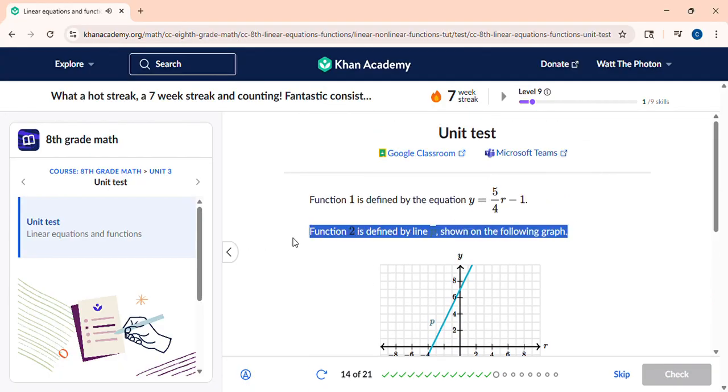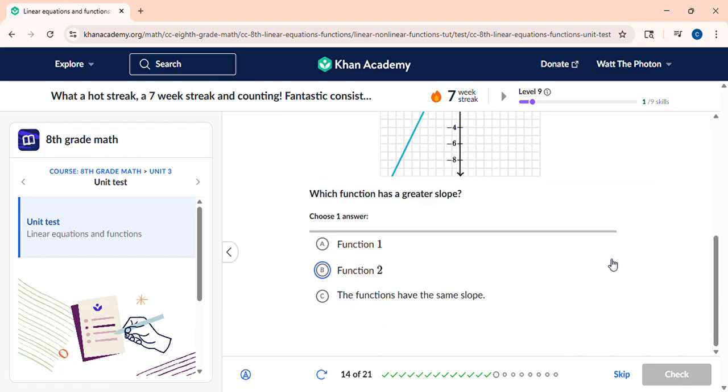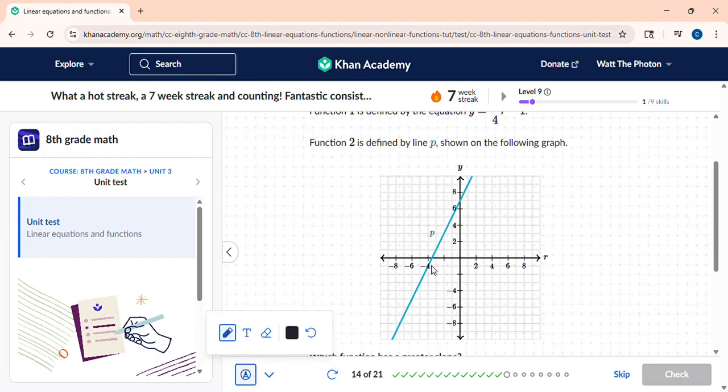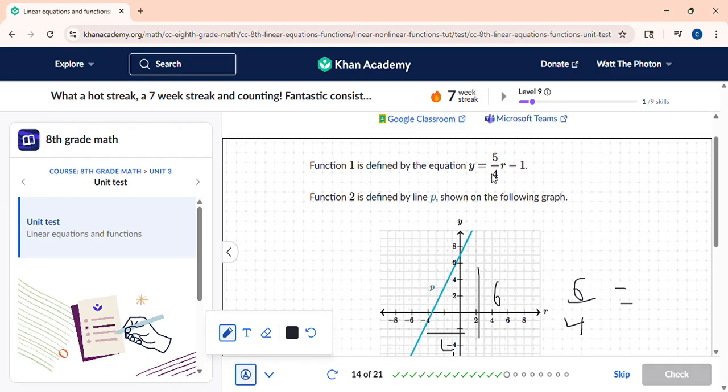Function 1 is defined by this equation, function 2 is defined by the following graph. Which has a greater slope? So we have over 4 up 6, so that's 6 over 4, which is equal to 1.5, and this slope is 5 over 4, which is equal to 1.25.